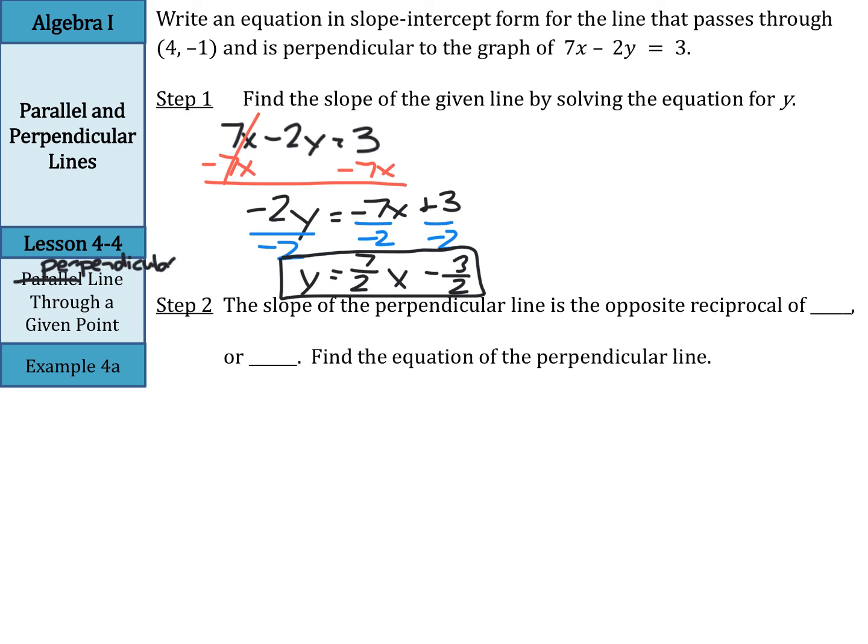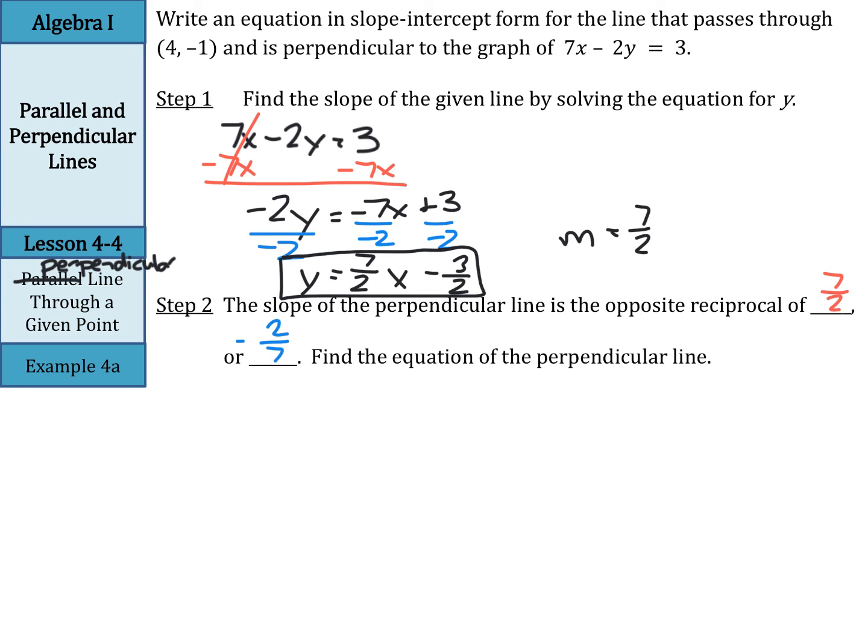So what is the slope? The slope of this line is 7 halves. So the slope of the perpendicular line is the opposite reciprocal of 7 halves. Well, you have 2/7 being the reciprocal, and negative 2/7 is going to make it the opposite reciprocal.